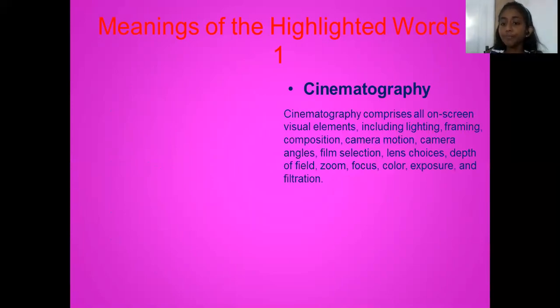Cinematography comprises all on-screen visual elements, including lighting, framing, composition, camera motion, camera angles, film selection, lens choices, depth of field, zoom, focus, color, exposure, and filtration.